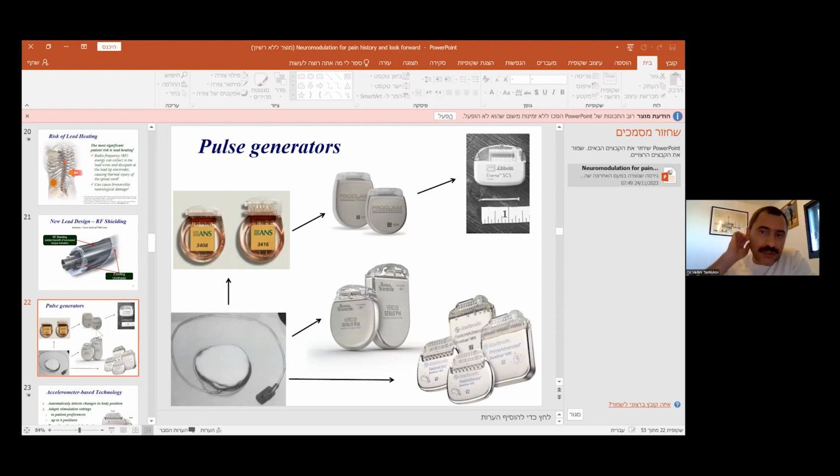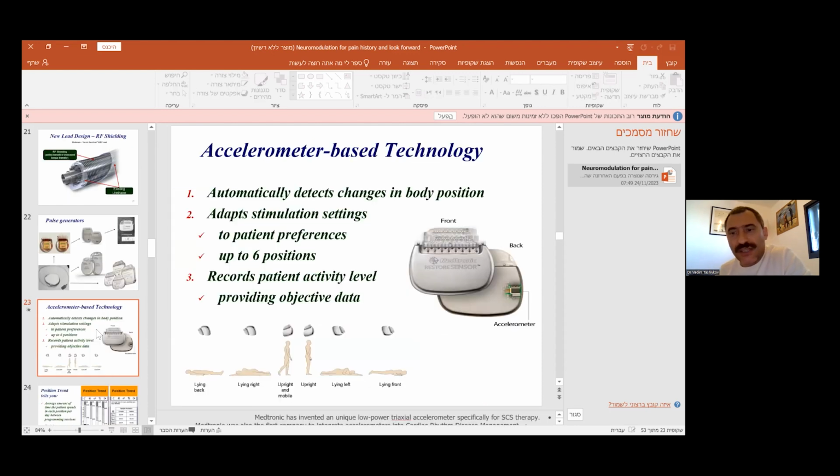Now, the changes were not only with the shape and the size, but also with the productivity of the IPGs. Some years ago, Medtronic company introduced to the market accelerometer-based technology, where the IPG can check the position of the body, vertical, horizontal, oblique, and make adaptation of the stimulation to the specific position of the body.